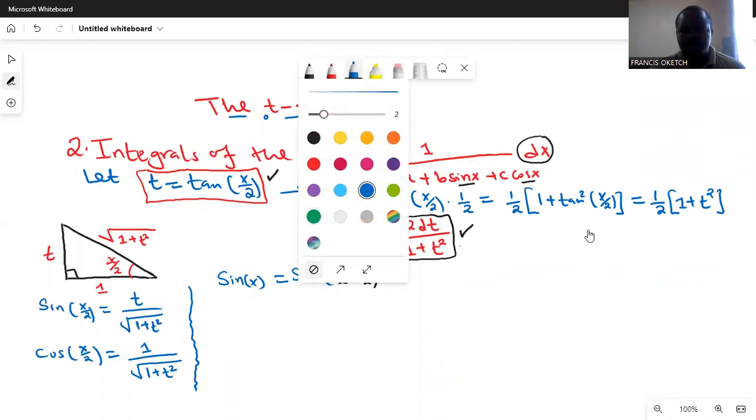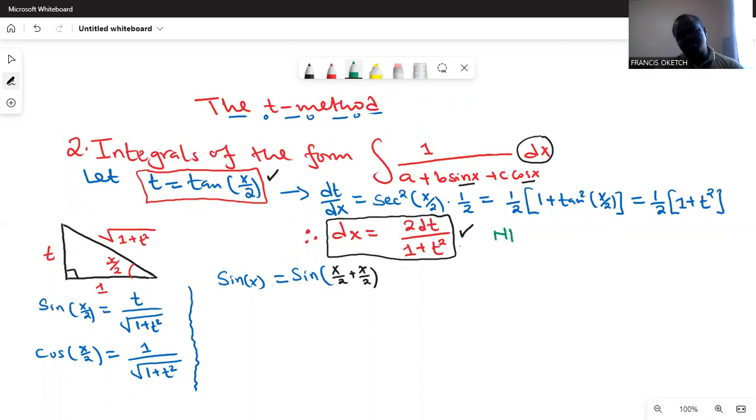Remember here that we can write NB. We know that sine A plus B is the same as sine A cos B plus cos A sine B. That's an identity.